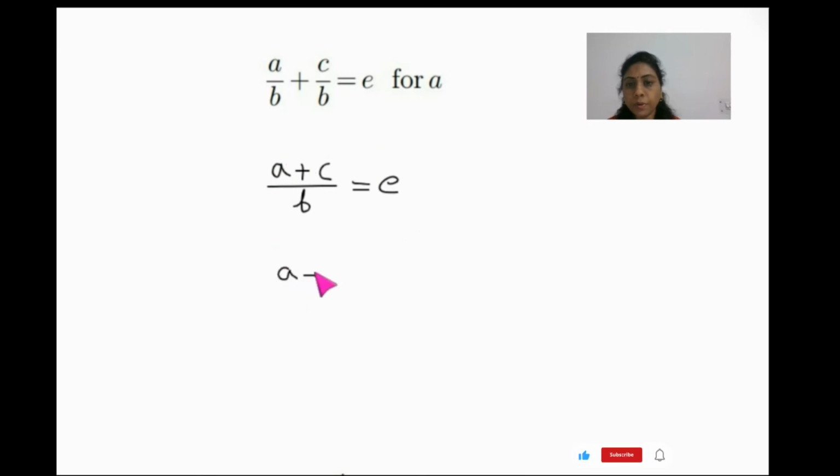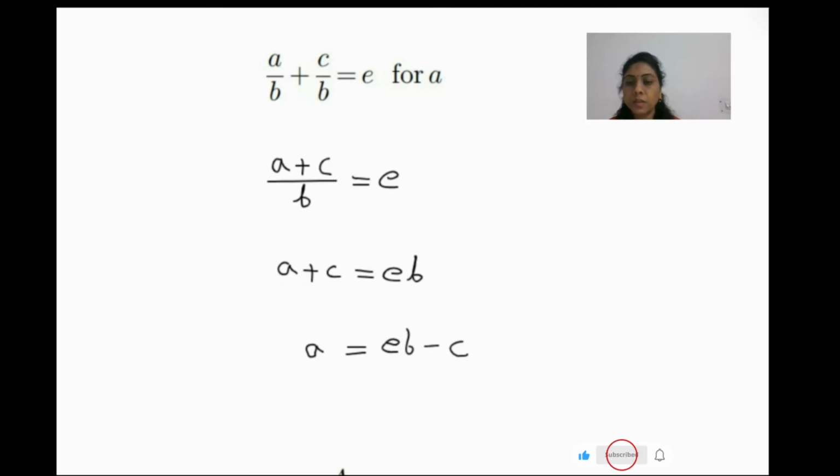So a plus c = eb. Now subtract c from both sides, so our answer is eb minus c. If you write in alphabetical order, write be minus c. Actually, the answer is always written in alphabetical order.